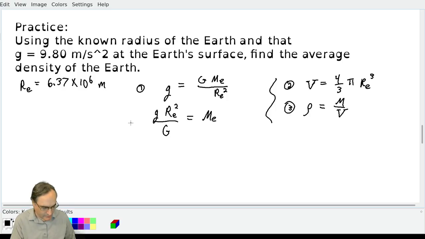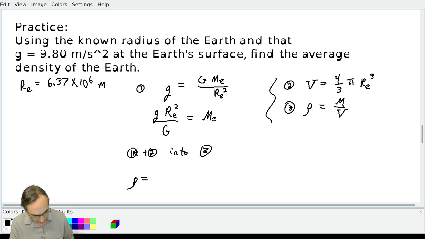Now let's take this rearranged form plus our equation for the volume of a sphere. Let's put those both together inside equation 3. So 1 rearranged, I'll call it 1r, plus 2 go into equation 3.